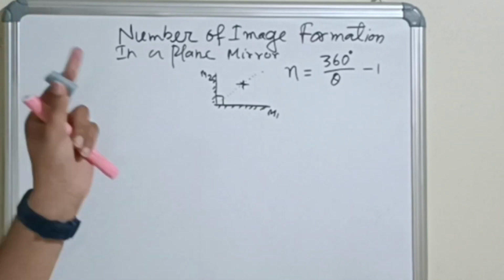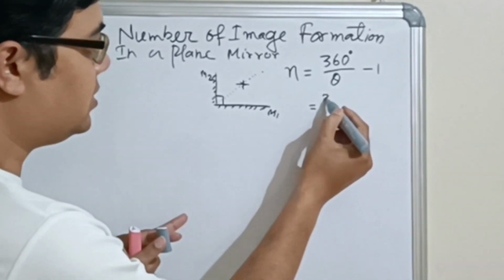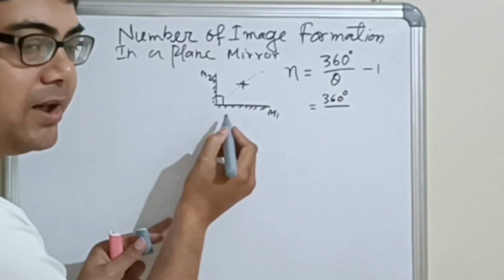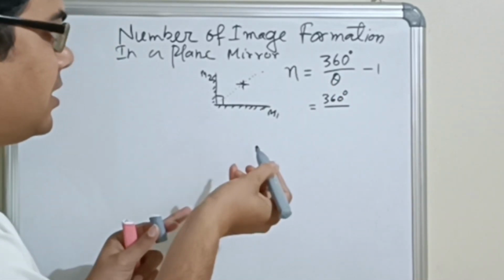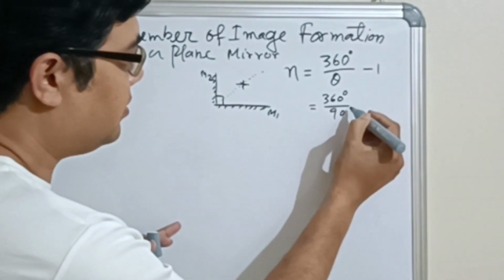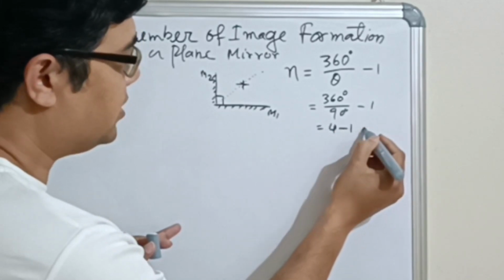If it is placed symmetrically, the number of images formed is equal to 360 degree by theta. Theta is equal to 90 degree as they are placed at 90 degree, perpendicular. So 360 by 90 minus 1, 4 minus 1 is equal to 3.